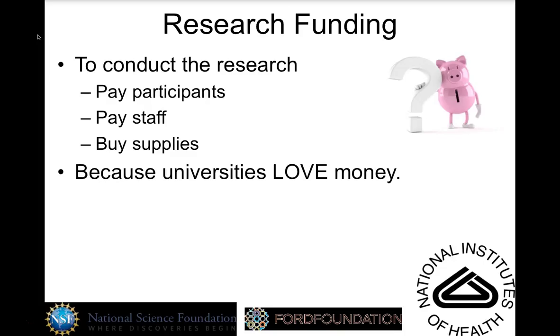And we also, for those of us who are in research positions at universities, tenure-track faculty positions, universities love money. For most research funding that you get, some money is given directly to you through the university to do the research.